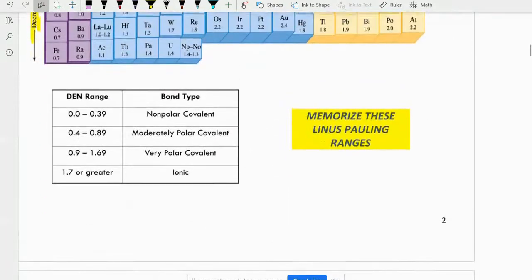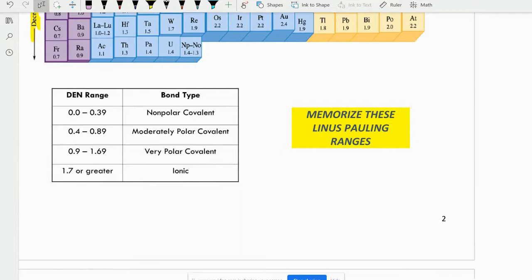If you look at the data table at the bottom of page 2, what you would do is take the electronegative values of two elements and take the difference between them to determine whether the bond that will form is nonpolar covalent, polar covalent, or ionic. We can use these ranges to tell us the specific type of bond that forms between two elements.